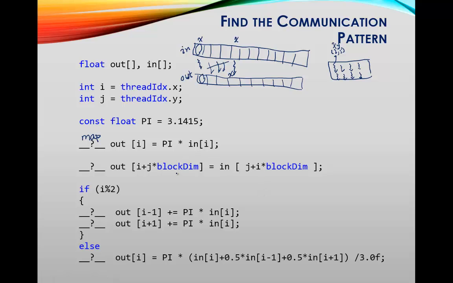Now, if you look at the second operation, what we're going to do is calculate an index from the input, and then take the input element and put it in one output element. So we've got a 1-to-1 mapping. But the way that it works, and I'm going to tell you that this is going to be a transpose. And I'll show you how this transpose happens.